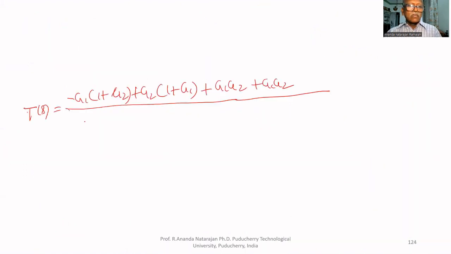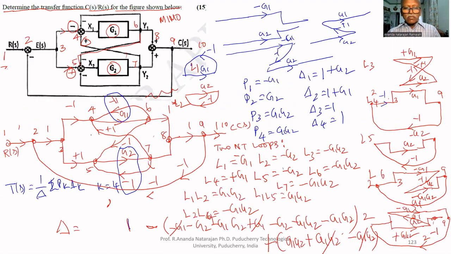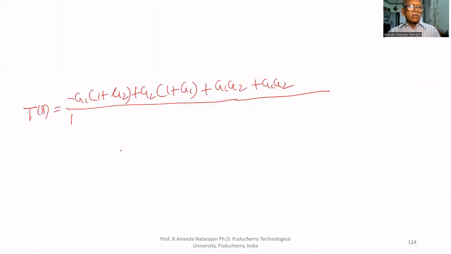That's all. Denominator: delta equals 1, and with 2 G2 terms, therefore 1 plus 2 G2, plus 4 G1 G2. That's all.